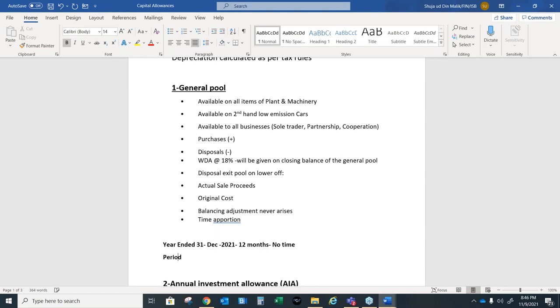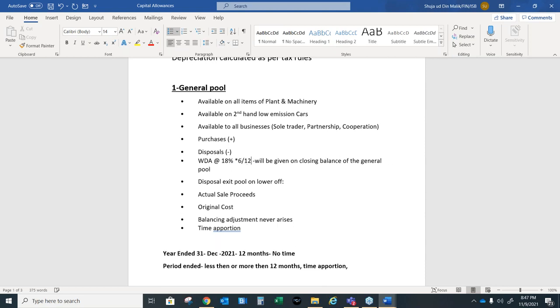But when it says period ended, the period is generally less than or more than 12 months. In this case, we have to time apportion. For instance, if it is a 6 months period ended, we will apply WDA at the rate of 18% and multiply it by 6 by 12.